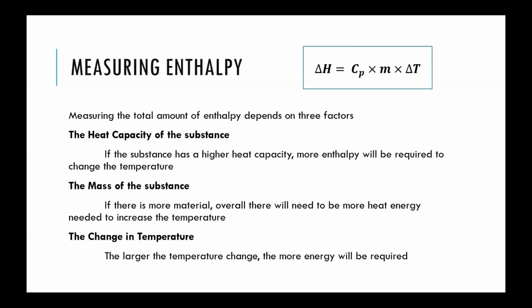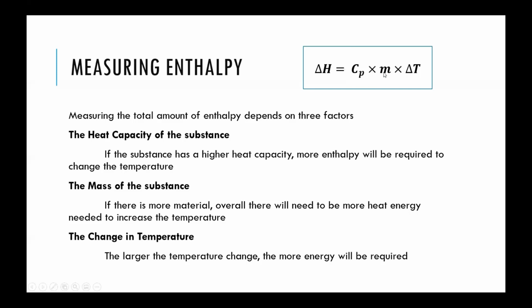When you're measuring the enthalpy, that heat energy, it's related to 3 different things: the heat capacity of the specific material, the mass, and the change in temperature. So each different material has its own unique heat capacity.